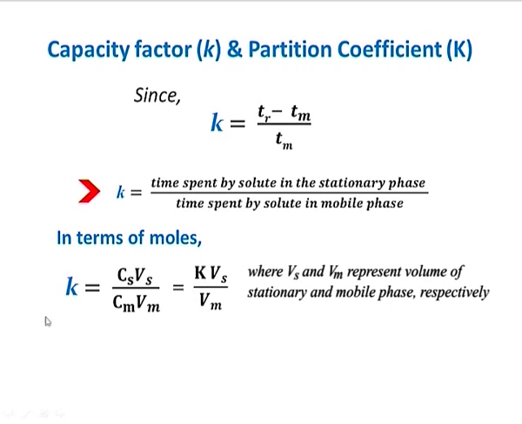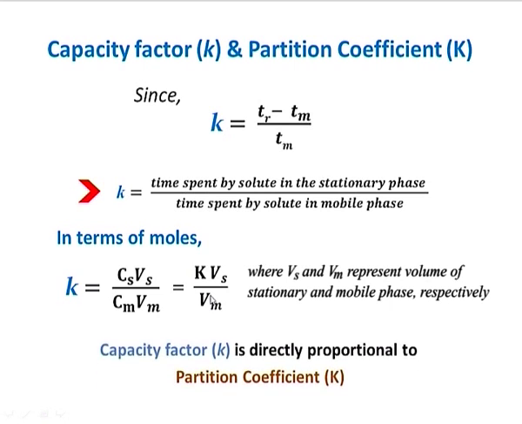Hence, this capacity factor k equals the partition coefficient times Vs upon Vm. Therefore, the capacity factor is directly proportional to the partition coefficient. So, the greater the partition coefficient, the greater the capacity factor and the greater the retention time. All are now getting related, and we are just trying to fit in some pieces of the puzzle here.